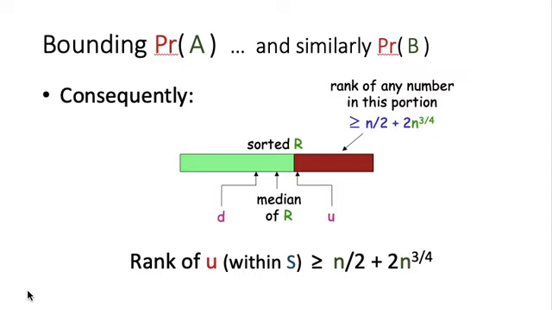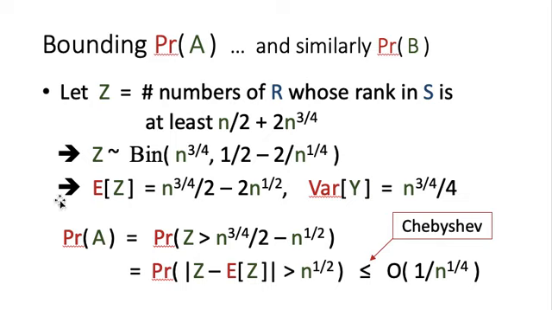So we are going to do the same analysis as before. This time, we let the variable be the number of items in R, the randomly sampled set, such that the rank is at least n over 2 plus 2 times n to the power 3 over 4. So these are the large rank numbers.